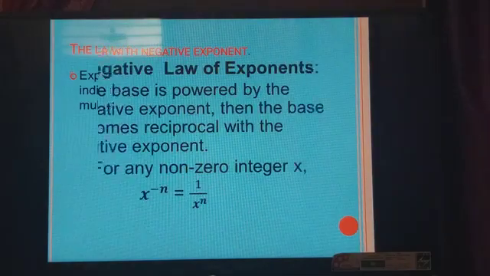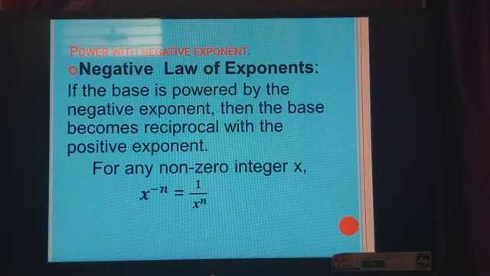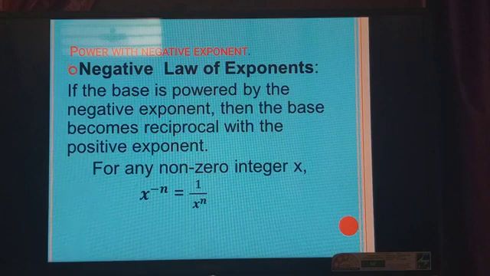Now we have another very important thing, that is the negative law of exponent. This is very useful. If the base is powered by a negative exponent, then the base becomes its reciprocal with the positive exponent. For any non-zero integer x, x raised to negative n is equal to 1 upon x raised to n.